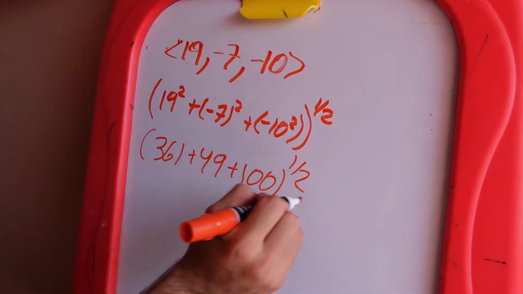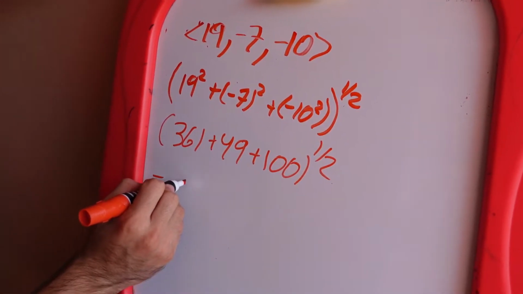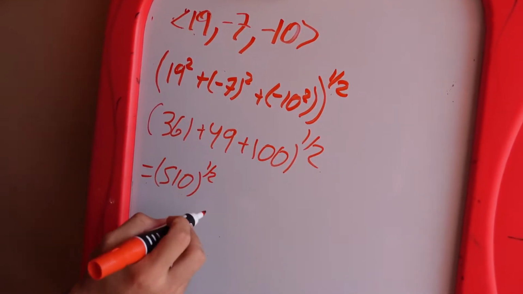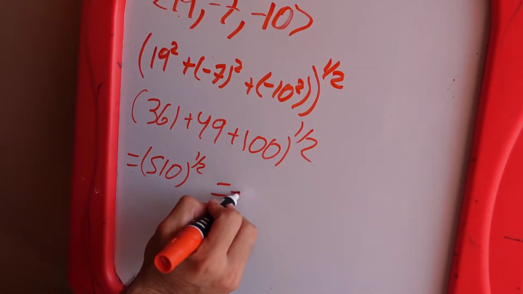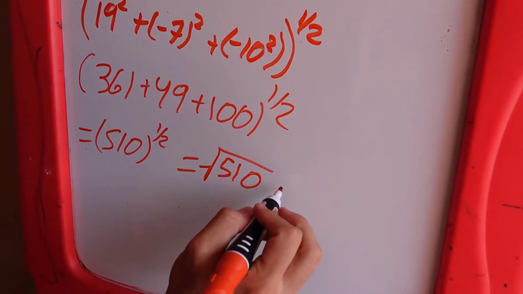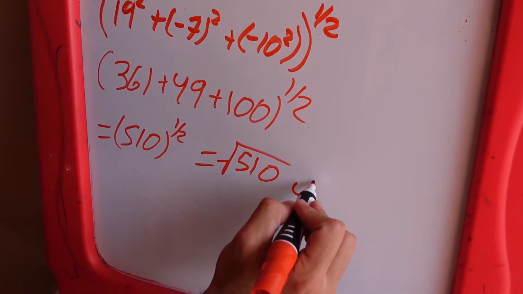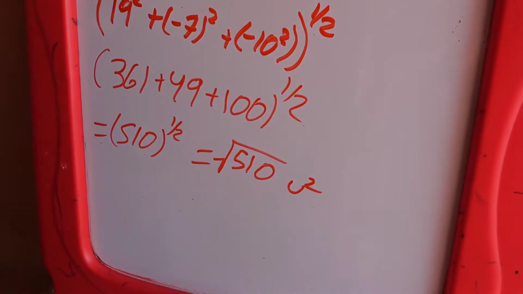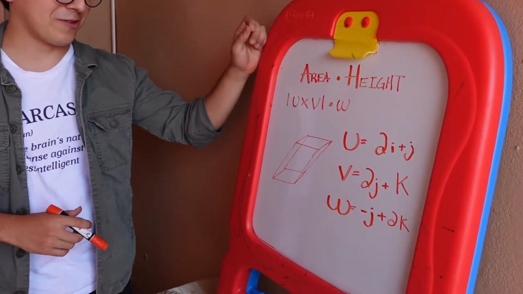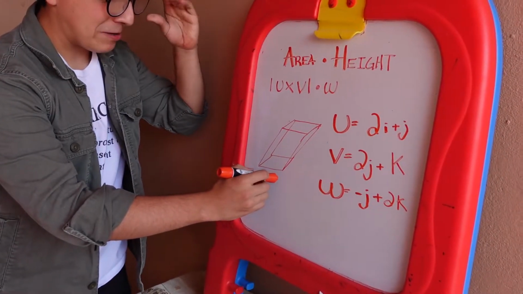So this will give us the square root of 510, and finally the area is the square root of 510 square units.